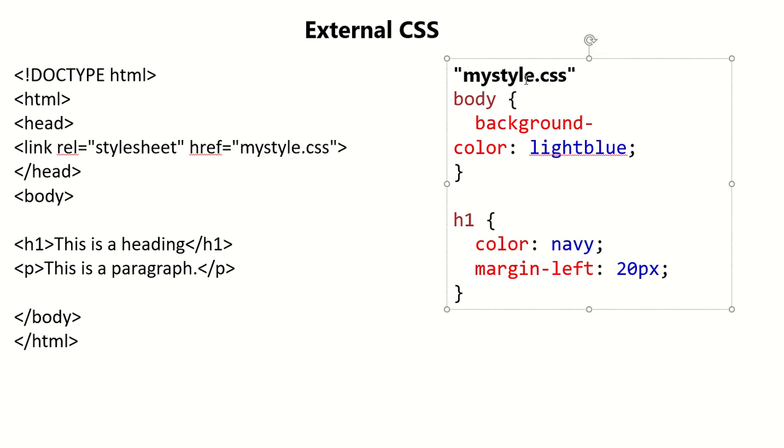This will be your mystyle.css file, where we write body, that is the selector, then a curly bracket, the declaration block started, then background-color, that is the property, colon, and the value is light blue, and a semicolon, and then the closing bracket. So you give background color to your body section, and text color and margin-left to your h1 only. Whatever the style sheet part is, you have to write separately in a separate file, that is mystyle.css.